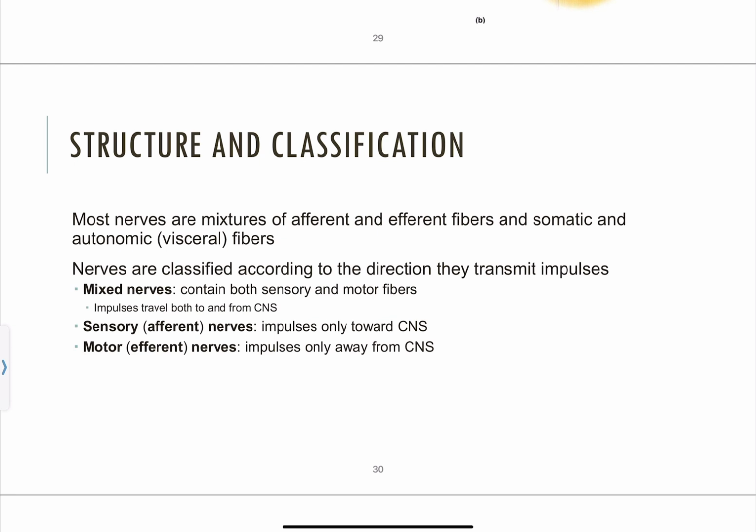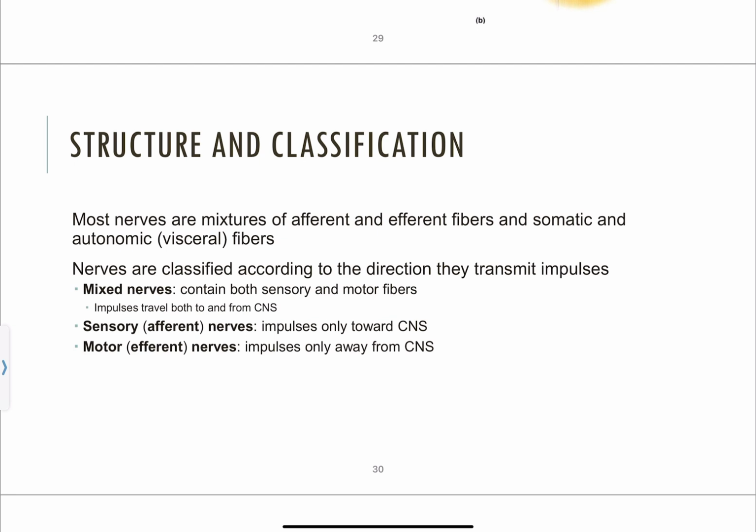So if we're talking about mixed nerves, they're going to have both sensory and motor fibers that are transmitting the impulses, which means that they're sending information both to and from the central nervous system. If we're talking about sensory nerves or afferent nerves, these are solely going to be carrying information towards the central nervous system.